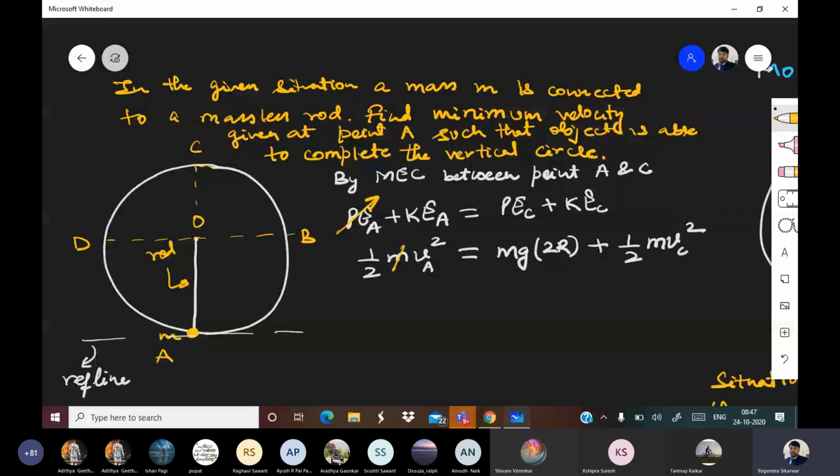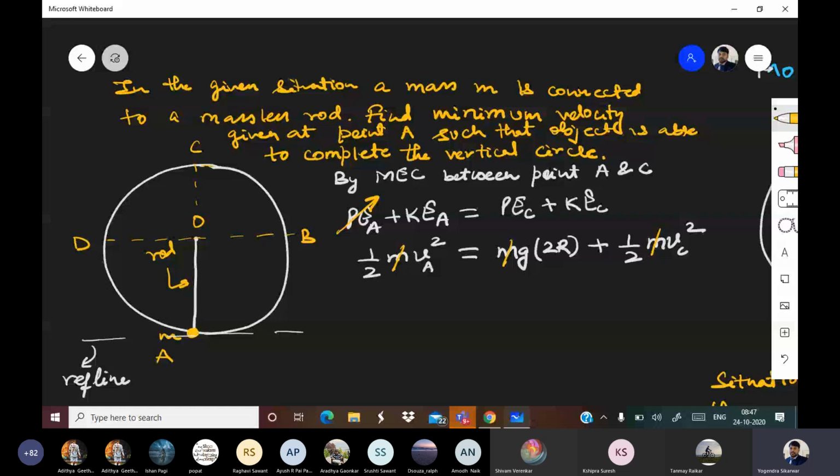Now second thing is, this time please pay attention, object is connected to a rod. So if you are just able to send it to the topmost point, and even if velocity becomes 0 at that point, it will be able to complete the vertical circle. It will not fall, right? So vertical circle can be completed even then.